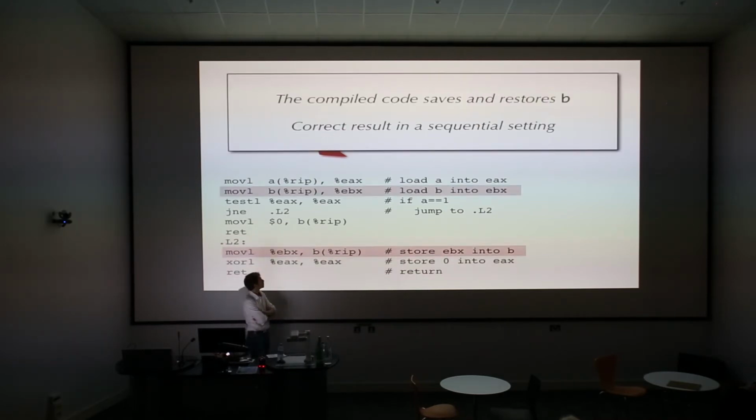Now, what can we deduce? The compiled code saves and restores B. This is a bit odd, but it is perfectly fine in a sequential setting.